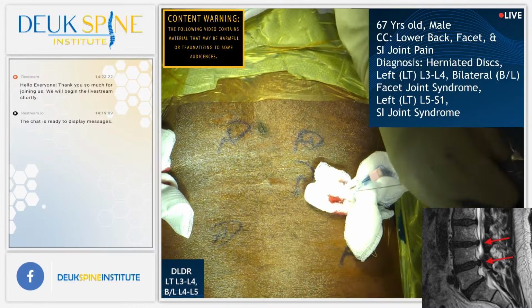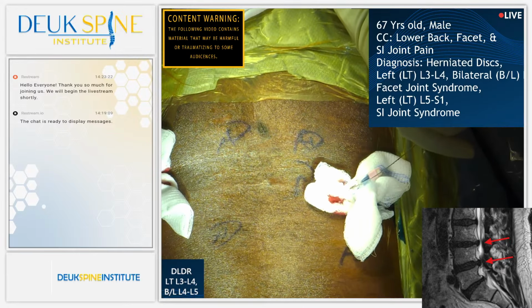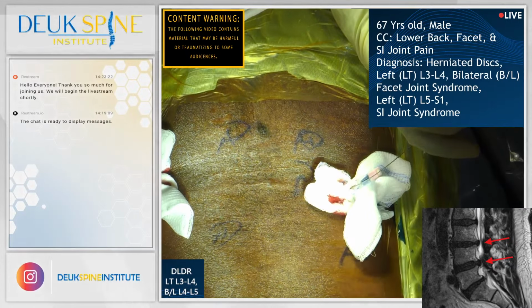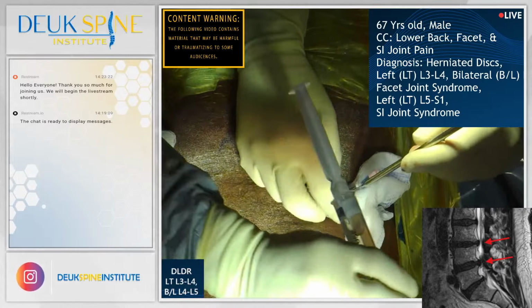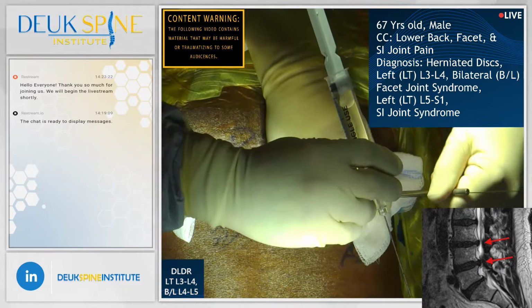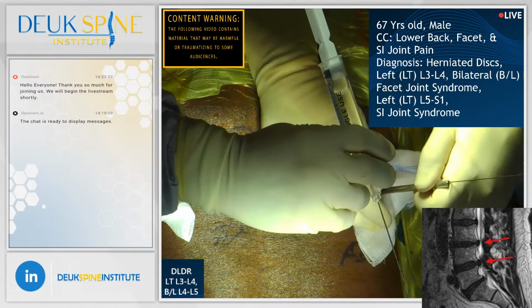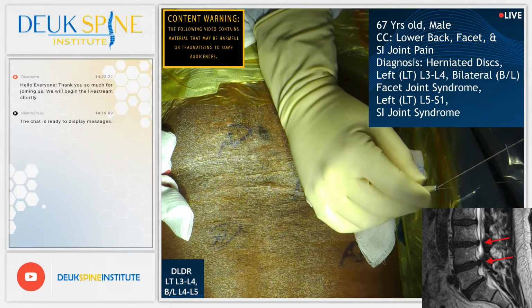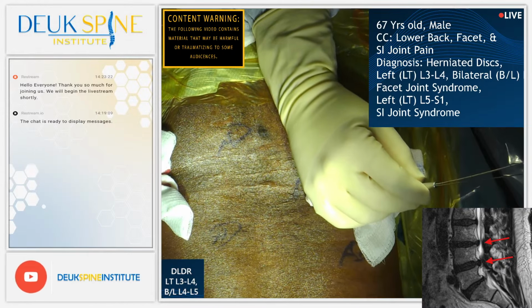We kept the patient asleep. We did the chromodiscogram, which means that we use the dye and we get to see the tear, the internal architecture of the disc.